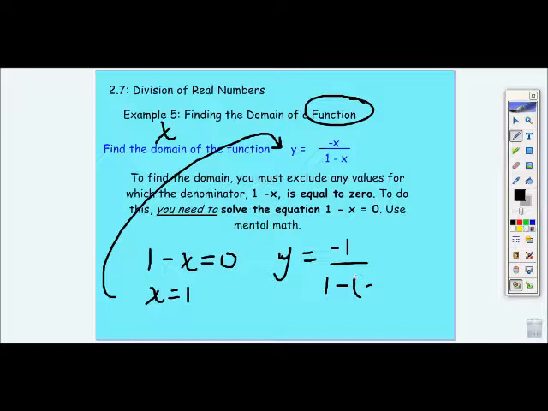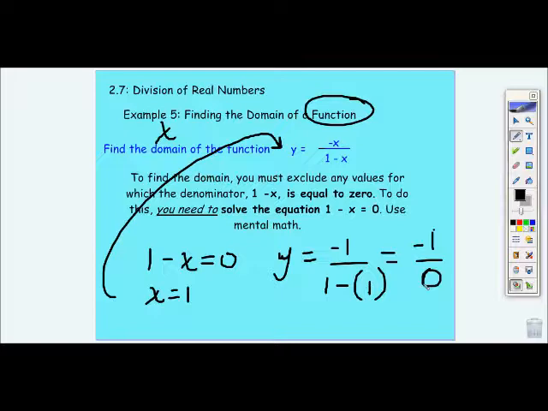Whoops, sorry about that. Let me do that again. So I have 1 minus, and my x is 1. So my numerator is going to be a negative 1. 1 minus 1 is 0.